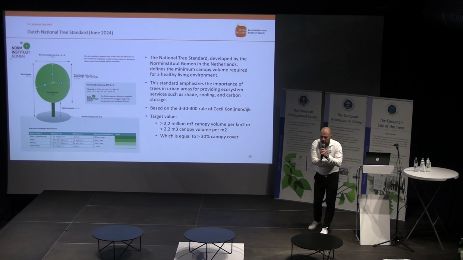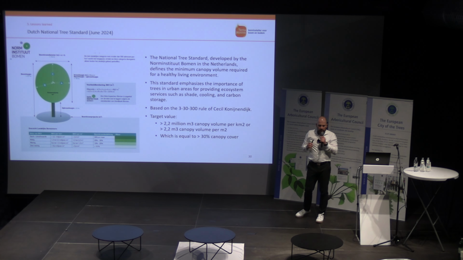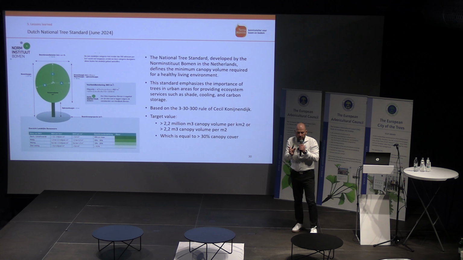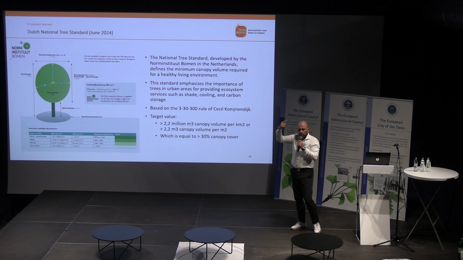I'm sure you all heard about the 3-30-300 rule of Cecil Konijnendijk. And Cecil, together with this institute and several experts in the Netherlands, discussed how they can translate the 30% canopy cover rule into volume.